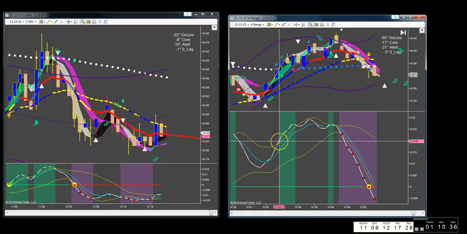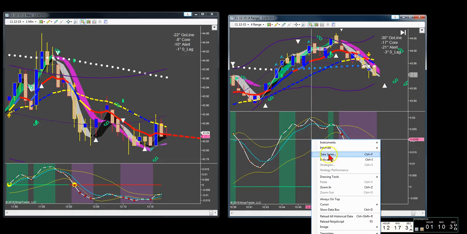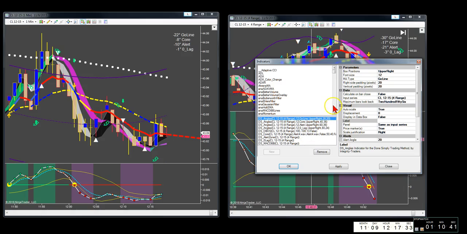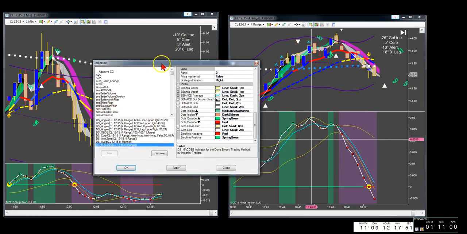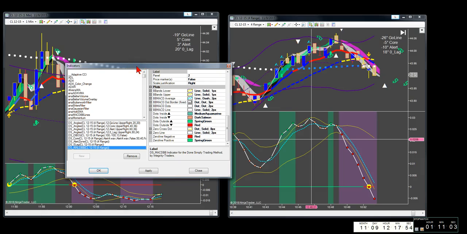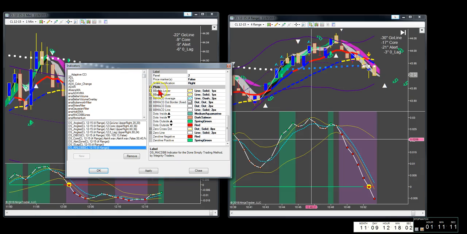They're dots that are inside the standard deviation.